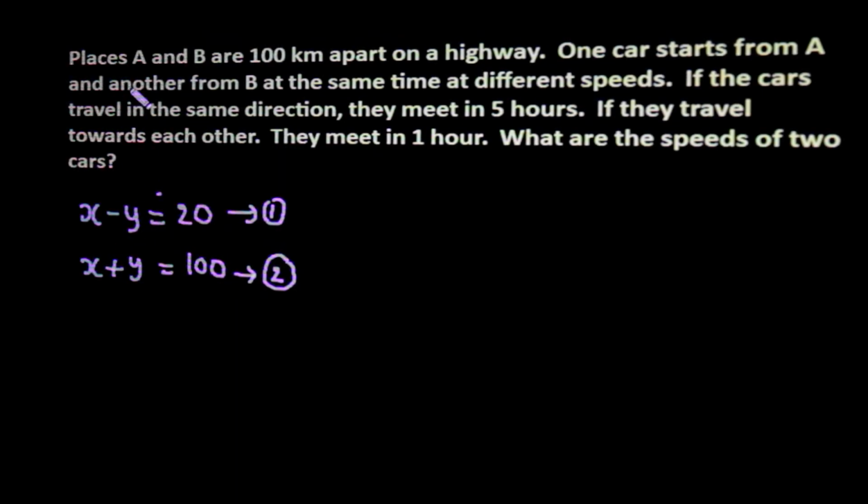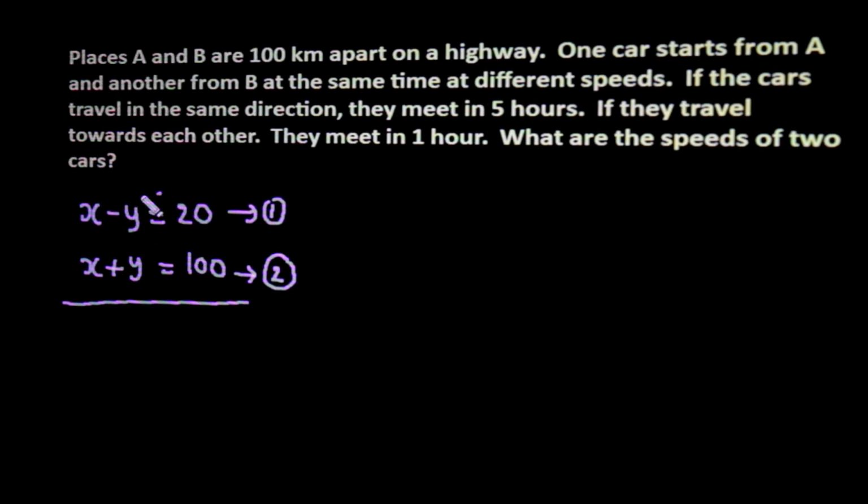Now, we already learned how to write the equation for the given problem. The equations are here: x minus y is equal to 20 and x plus y is equal to 100.